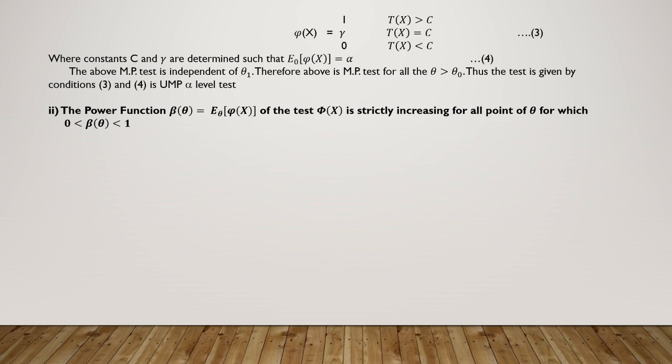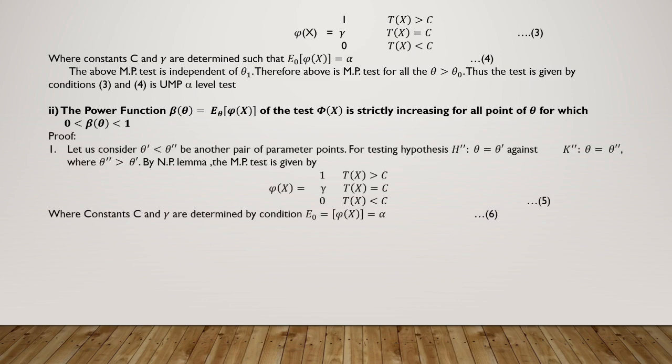Now, the second part: the power function beta of theta, equal to E theta of phi of x, of the test phi of x is strictly increasing for all points of theta for which 0 is less than beta of theta less than 1.